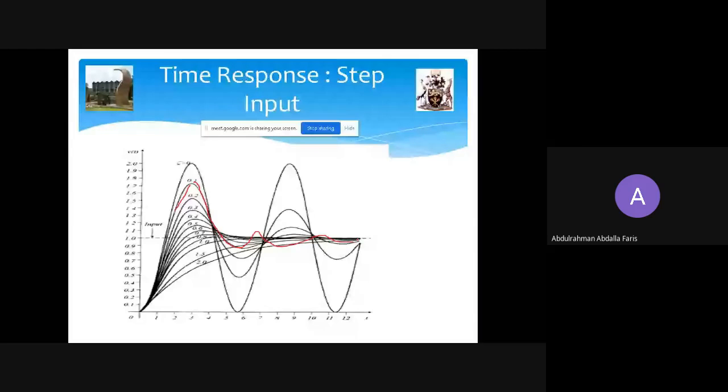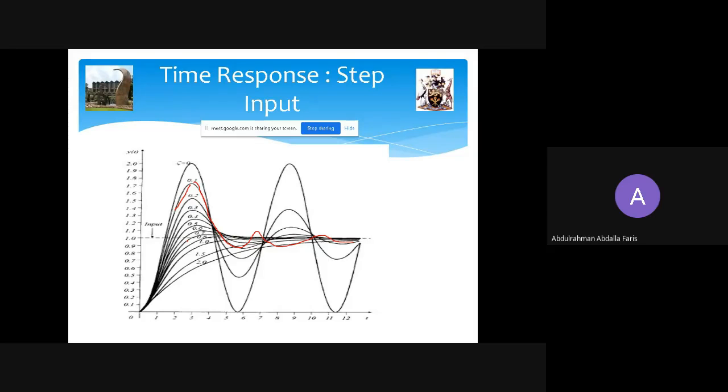So the way is we look between 0 and this value, and then we say, okay, 0.7 is the value which can give an optimum response. We'll go with 0.7 because we have an oscillation, but only one, and then it stabilizes.